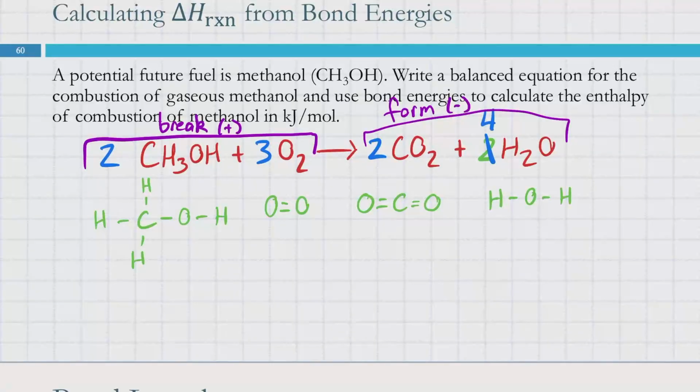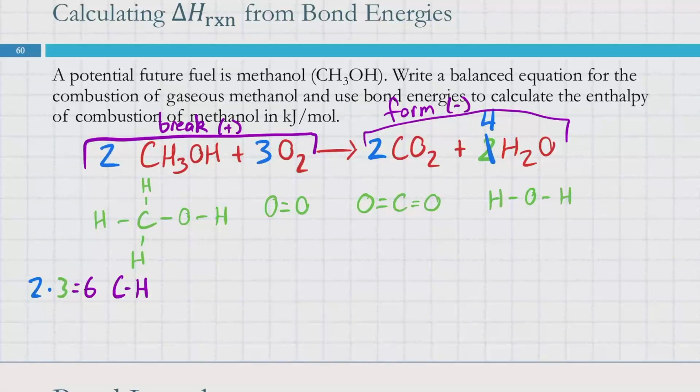You could do this with 2 of these molecules and 3 of these O2s. I'm not going to do that, partly for space concerns. Okay, in our methanol, we've got carbon bonded to hydrogen 3 times, and we've got 2 of those molecules. So we have 2 times 3 for 6 carbon-hydrogen bonds. We also have this carbon-oxygen bond and this oxygen-hydrogen bond.